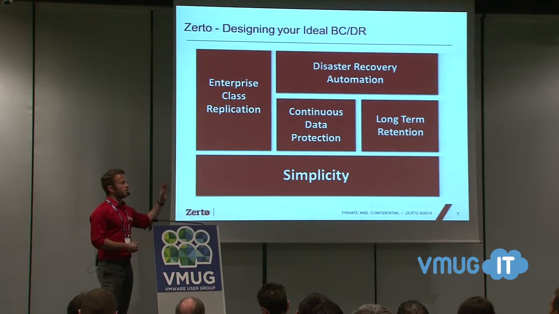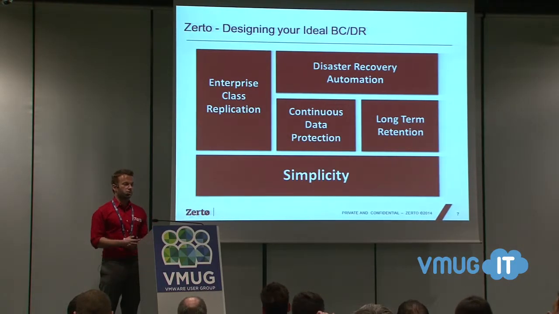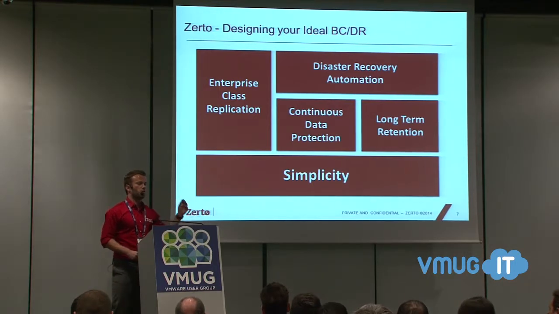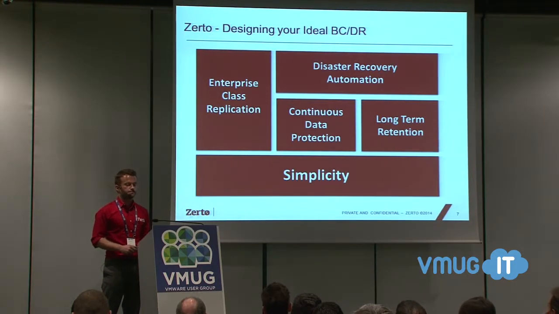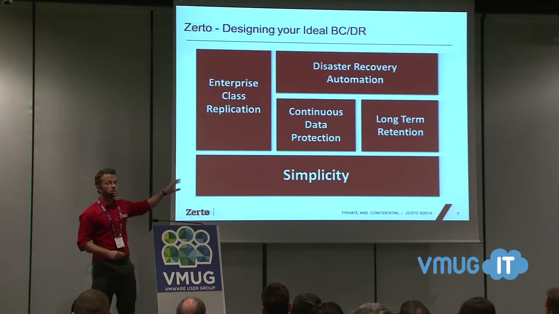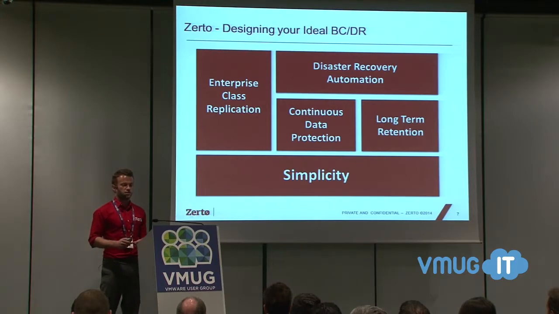But if you're going to have all of these, you've got to have simplicity. And if you take all of these different elements from designing your ideal solution, Zerto is the only solution in the world today that gives you all of this in our software. One software, one interface. So what I'll do now is I'll just take you through each of these different elements and how Zerto delivers them.